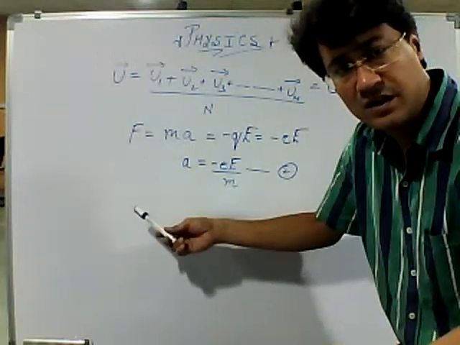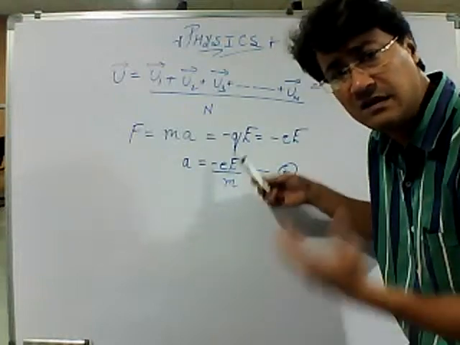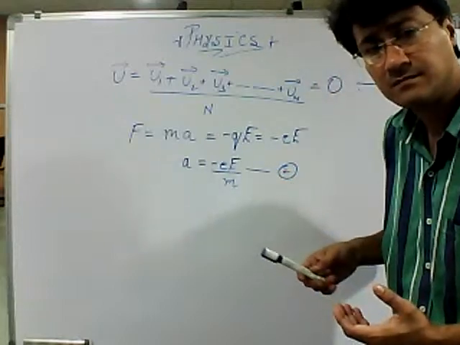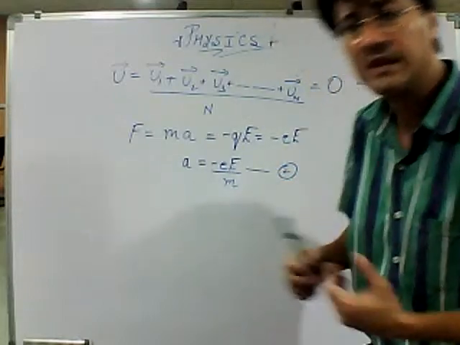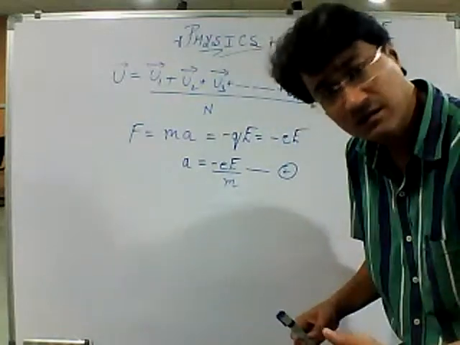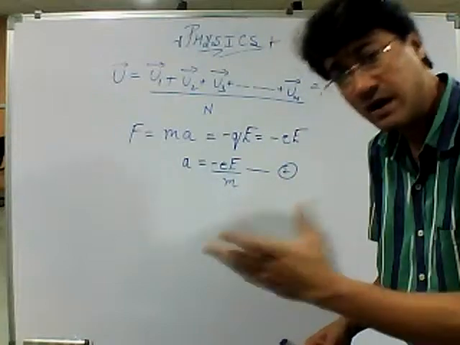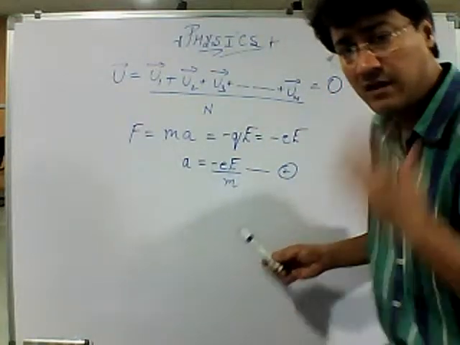So what is the acceleration dependent on? It is dependent upon the external electric field. The more the field, the more the acceleration. The more the potential of the cell, the more the acceleration, and the more the flow of current. Ohm's law also, we'll come to Ohm's law again. Quite clear?